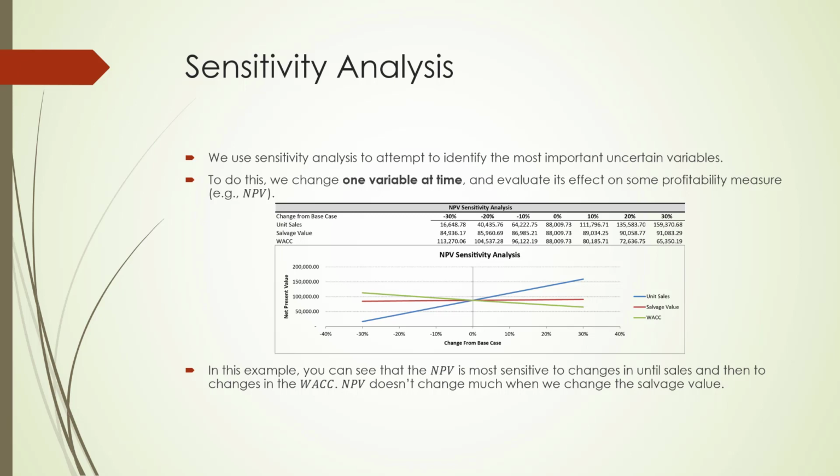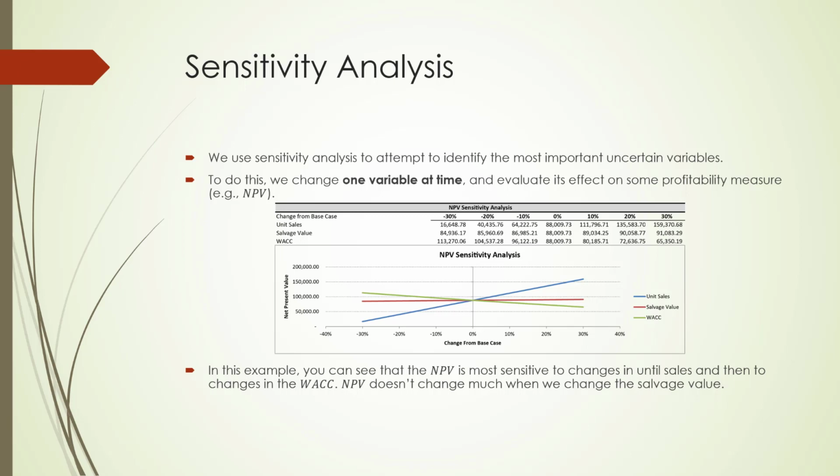And you can see that if we change unit sales by a little bit, NPV changes by a lot. So for example, if we decrease unit sales by 10%, NPV drops by $24,000 or so. That's a pretty big change. It's almost 25%.